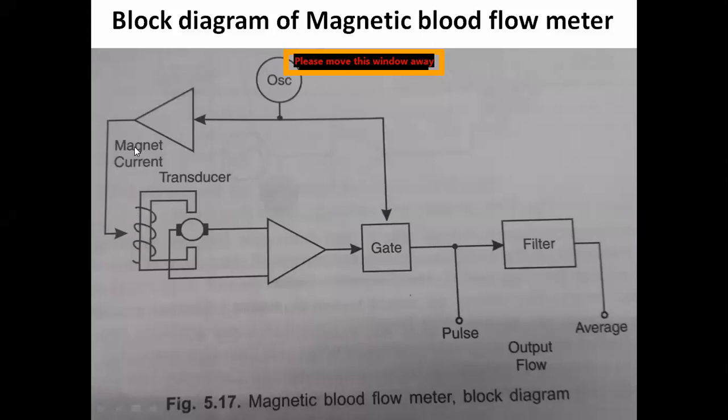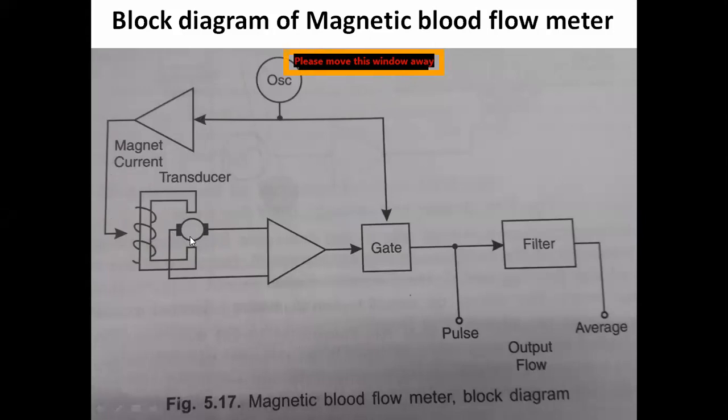Then depending upon the type of signal we applied, the current is also in the same type of waveform, and that is applied to this coil, which is wound around a ferromagnetic material. In between we have the blood vessel.